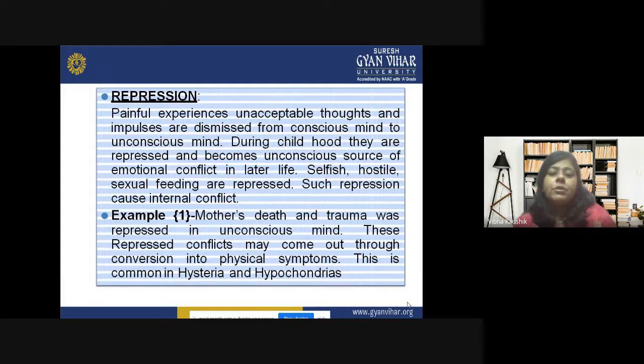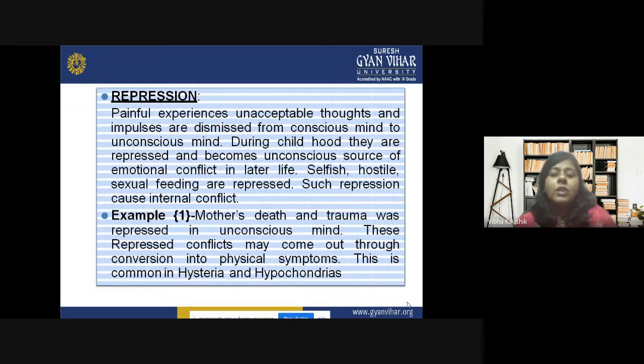During childhood, they are repressed and become an unconscious source of emotional conflict in the later part of an individual's life.